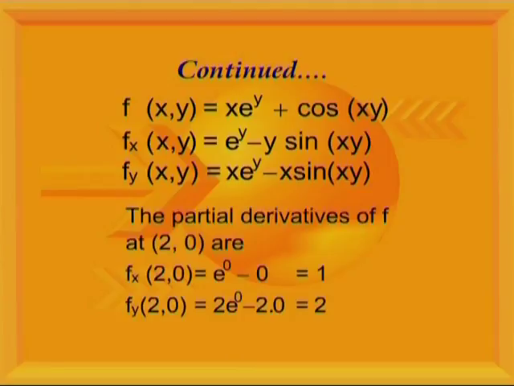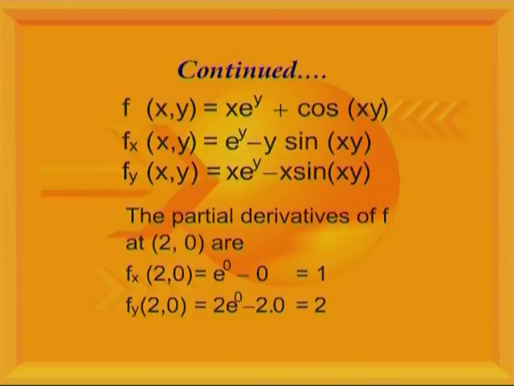And their values at the point (2, 0), putting x is equal to 2 and y is equal to 0, the partial derivative fx becomes e raised to power 0 minus 0, which is equal to 1, and the partial derivative with respect to y becomes 2 into e^0 minus 2 into 0, which is equal to 2.